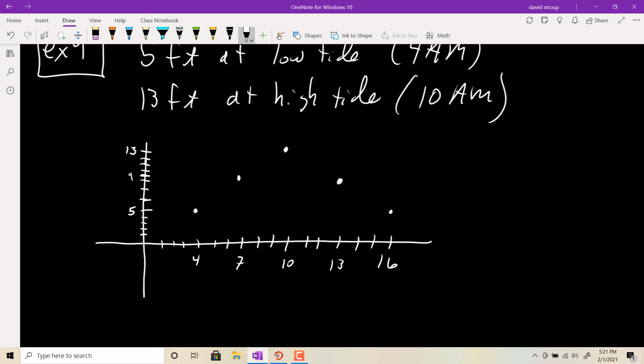I'm going to need some more marks here, sorry. I need to go all the way out to 22, apparently. 16, 17, 18, 19, 20, 21, 22. At 19 we're back here, then at 22 we're way back up here. The important bits are kind of like the sine function right here, this part.